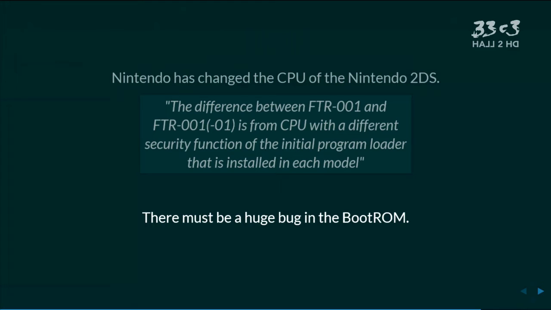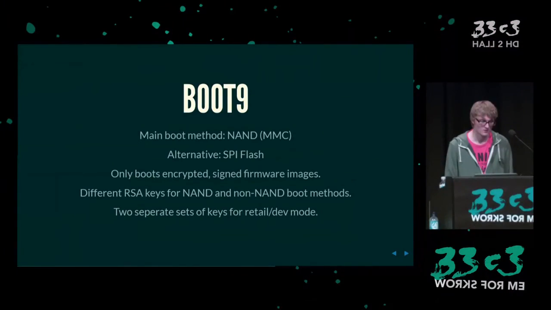So let's look at the boot ROM. Basically, there are some boot methods. You can boot from NAND, that's what it normally does, but alternatively, you can also boot from SPI flash, which is the Wi-Fi flash, and it will only boot firmware images that are signed and encrypted.